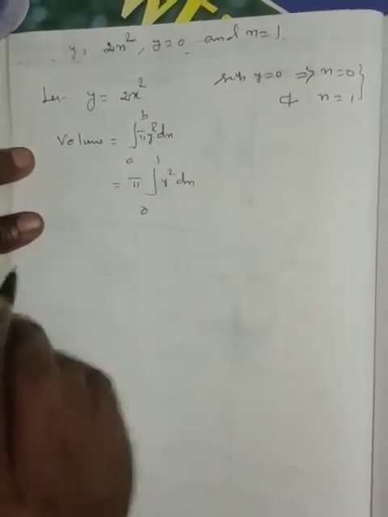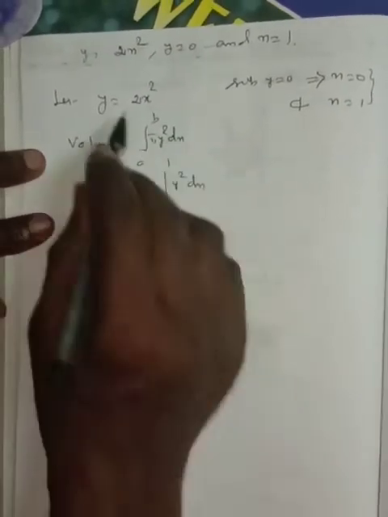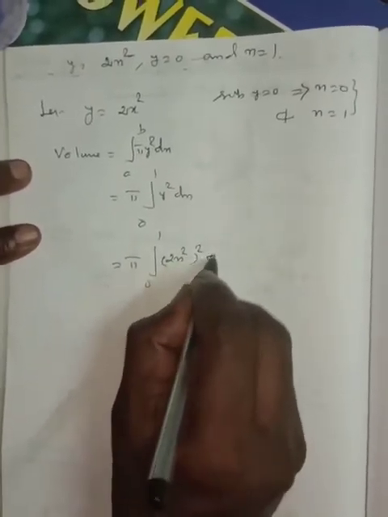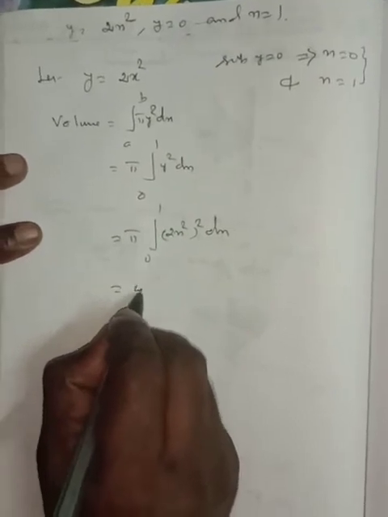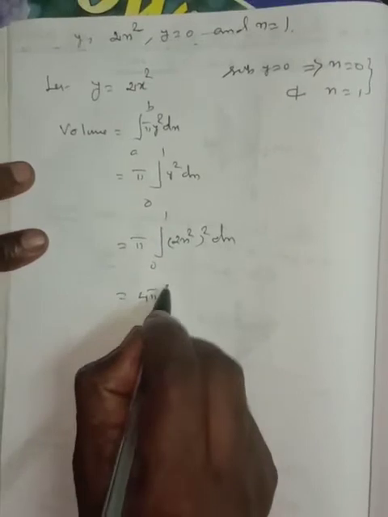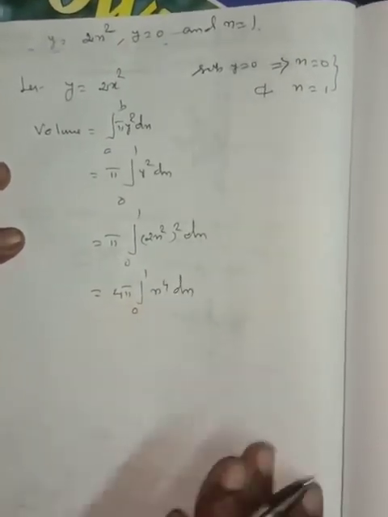Volume is pi integral 0 to 1 of y square dx, where y is 2x square, whole square into dx, is equal to 4 pi, since 2 square is 4, integral 0 to 1 of x power 4 dx.